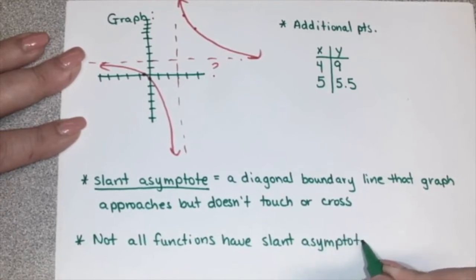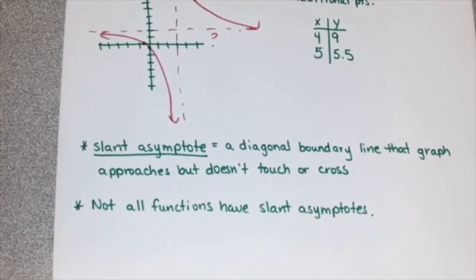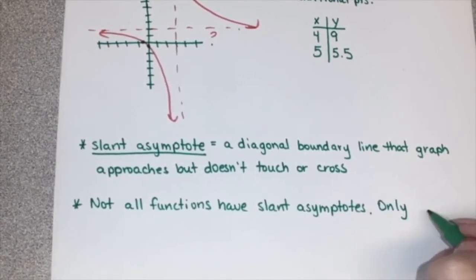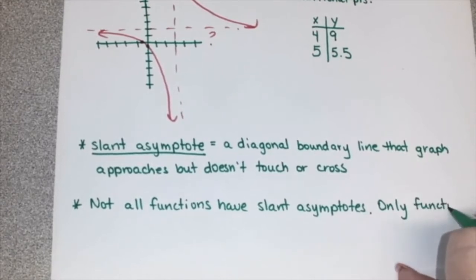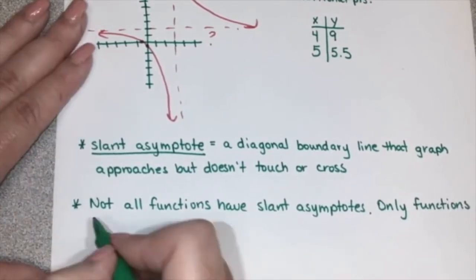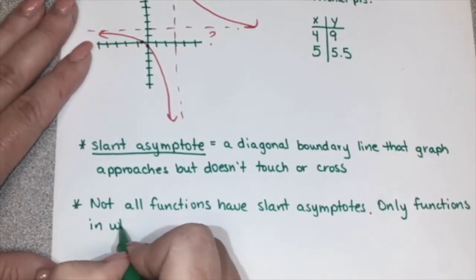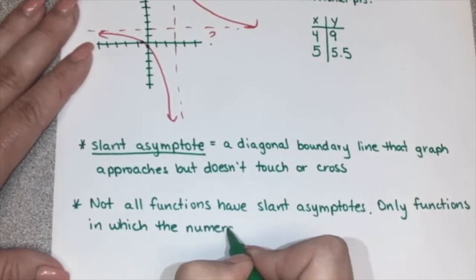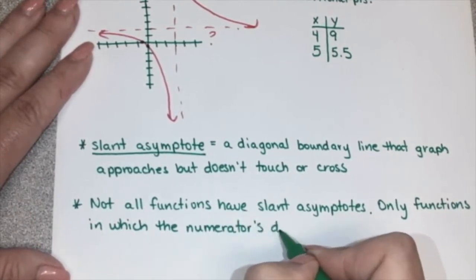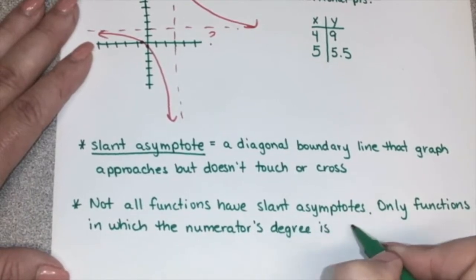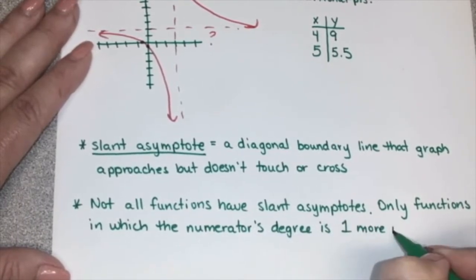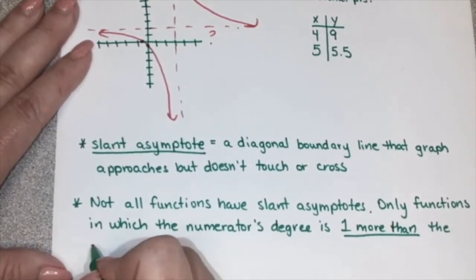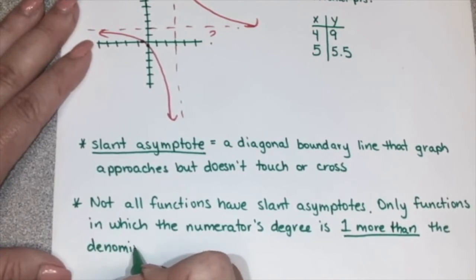So notice there was no diagonal boundary line that the graph was getting close to, right, in any of the ones that we graphed. Okay, so here are the very small group of functions that will have it. Only functions in which the numerator's degree is exactly 1 more than the denominator's degree will even have one of these.